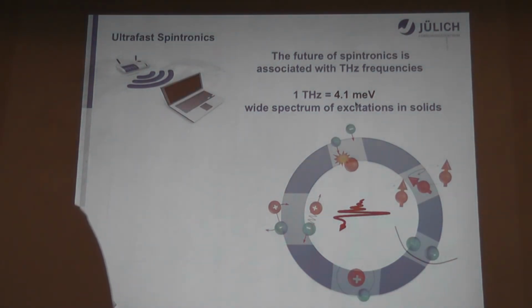This means that when you have terahertz radiation somewhere in your sample, you actually excite a wide spectrum of electronic excitations. You excite collisions, you excite magnons, you excite phonons, atomic vibrations, and the spin-orbit interaction is also in this regime.